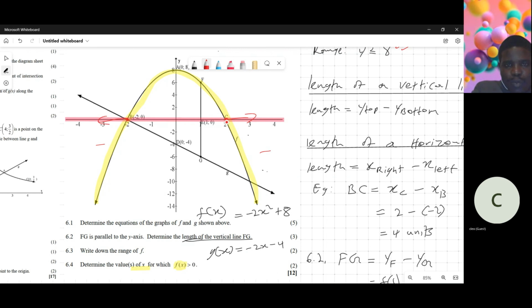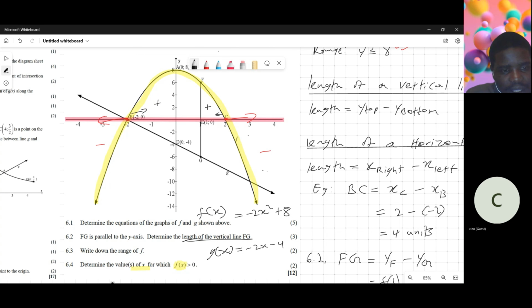And then from this point, going this side, the output is positive. From this point, going that side, the output is positive. It's above.